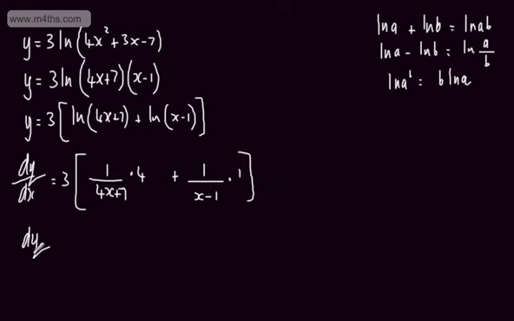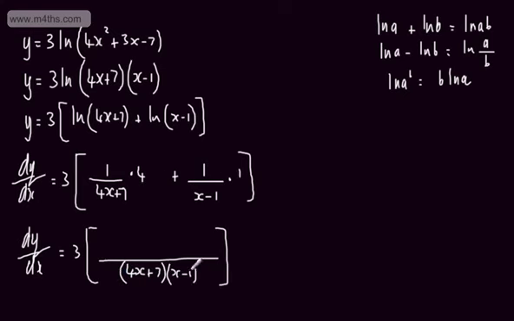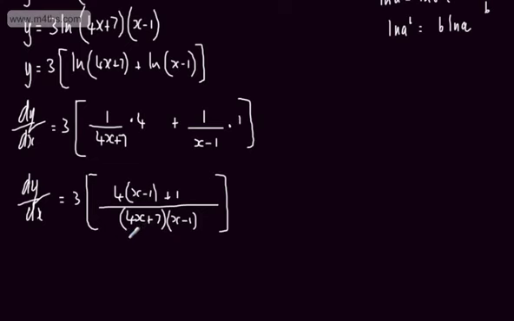So dy by dx is going to be 3 lots of, with our single combined fraction, the denominator 4x plus 7 multiplied by x minus 1, and then 4 lots of x minus 1 plus 1, and that will give us 4x.